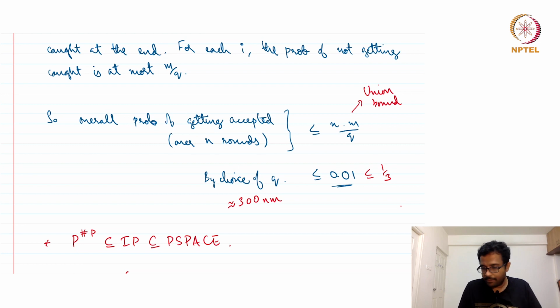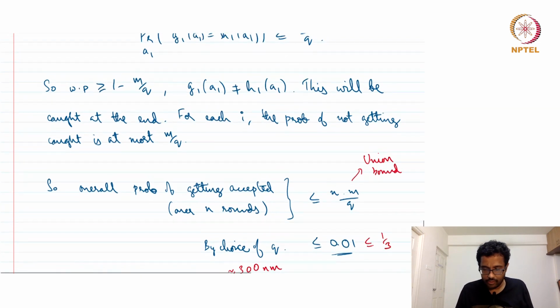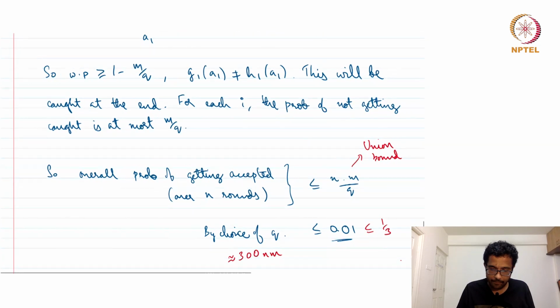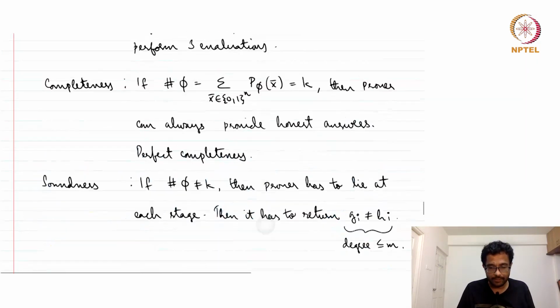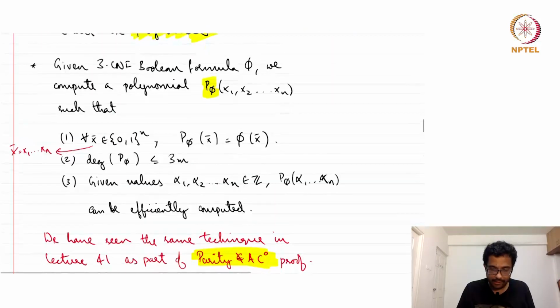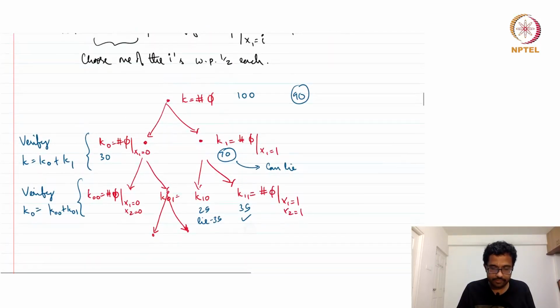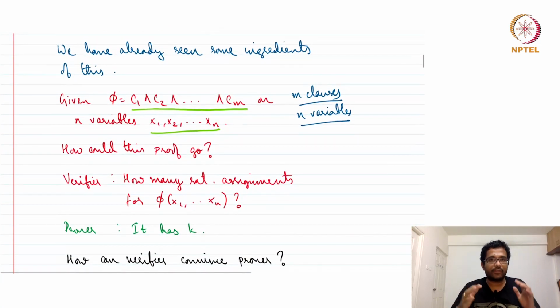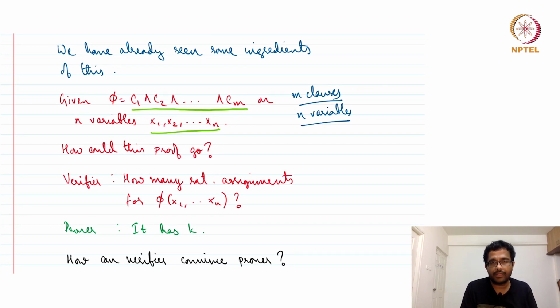So that's the proof. We have shown that by this protocol, the sum check protocol, there is a protocol for a prover to convince the verifier that a given Boolean formula has exactly k satisfying assignments.